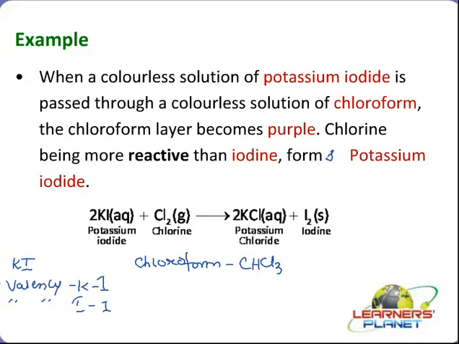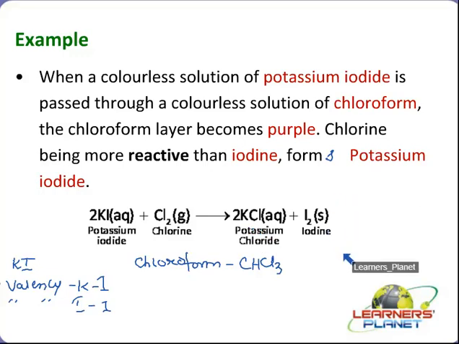Now chlorine being more reactive, it replaces iodine from potassium iodide. Getting my point? I'll show you here. Chlorine is coming from chloroform. This chlorine is replacing what? Iodine. And forming what? Potassium chloride.